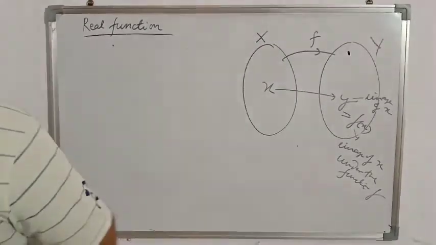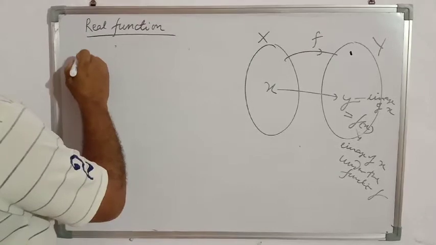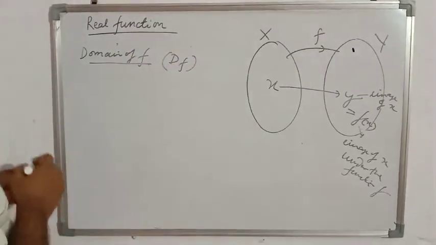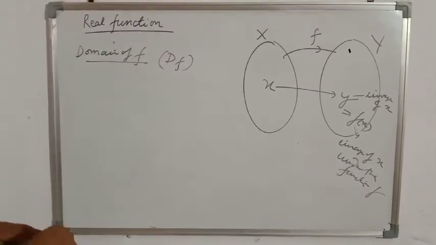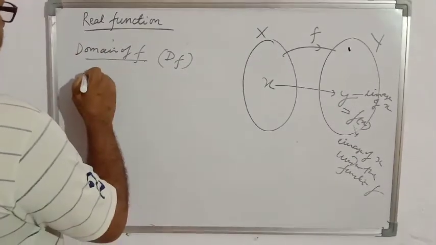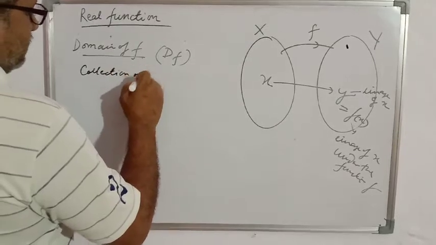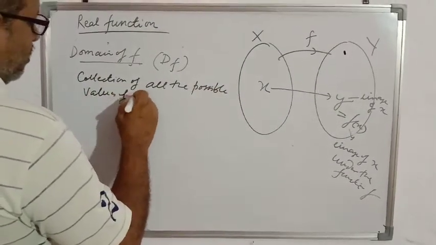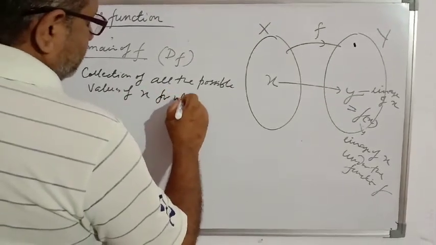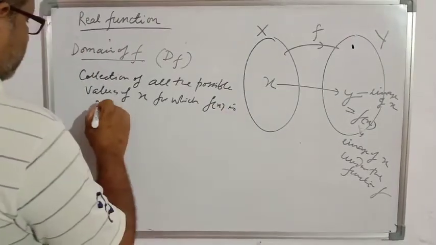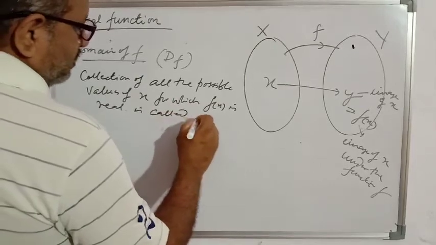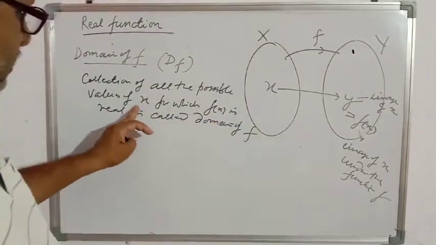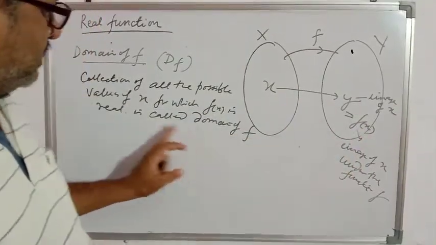The set x is called the domain, and y is the codomain. The domain of f is represented as D_f. How will we define the domain? It is the collection of all the possible values of x for which f(x) is real, meaning its image is real.